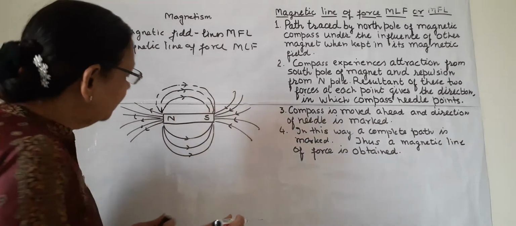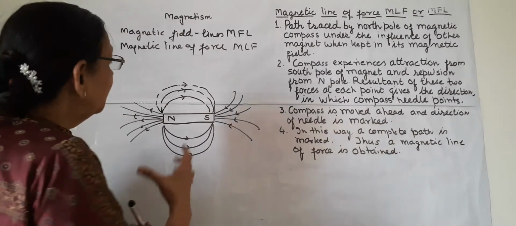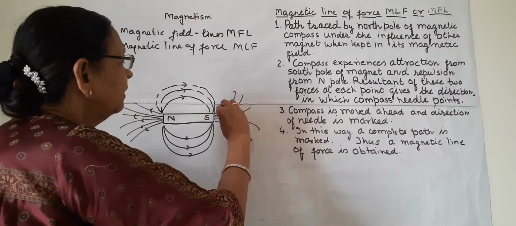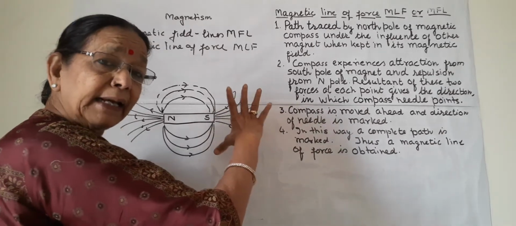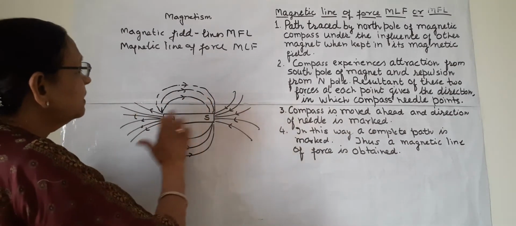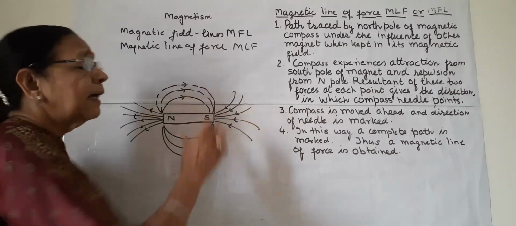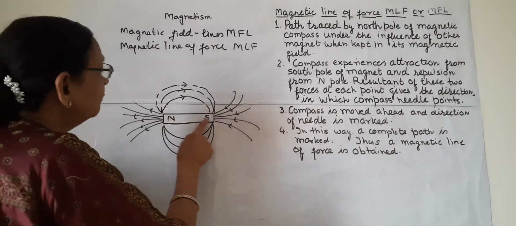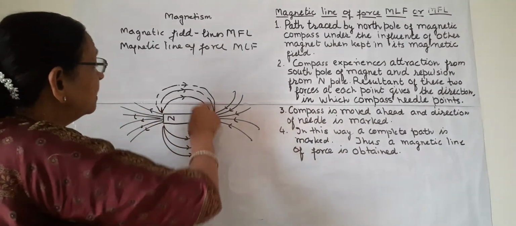Direction we can see by these arrows, and magnitude is depicted by their condensed nature and their rare nature. We will discuss that in a minute. So this is a bar magnet and these are the magnetic lines which are the influence of this bar magnet, the field of its force.